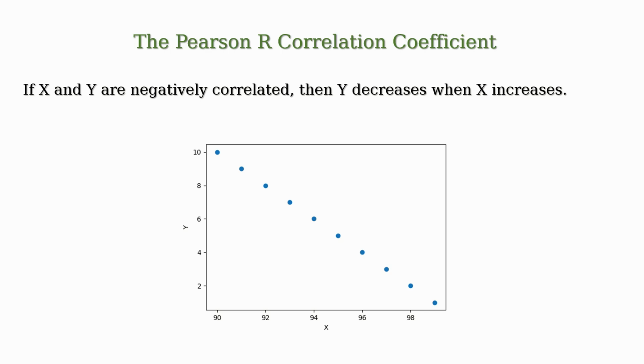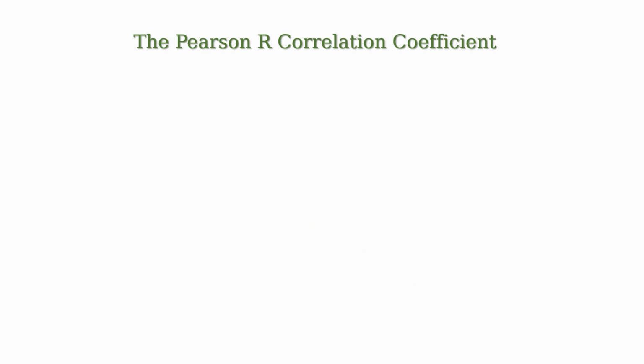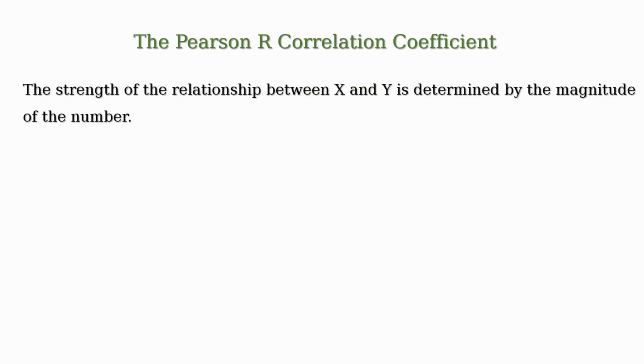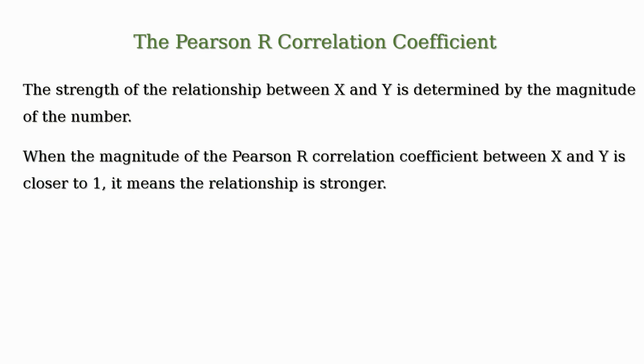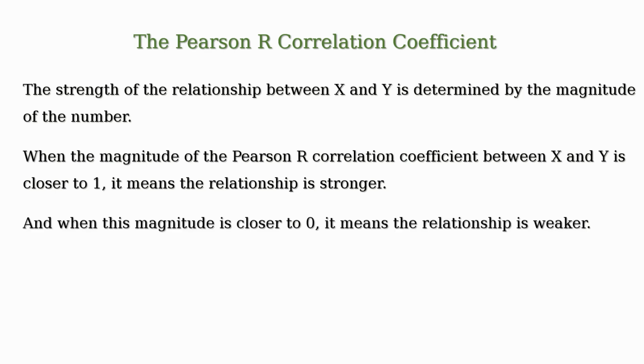And the strength of the relationship between x and y is determined by the magnitude of the number. When the magnitude of the Pearson-R correlation coefficient between x and y is closer to 1, it means the relationship is stronger. And when this magnitude is closer to 0, it means the relationship is weaker.